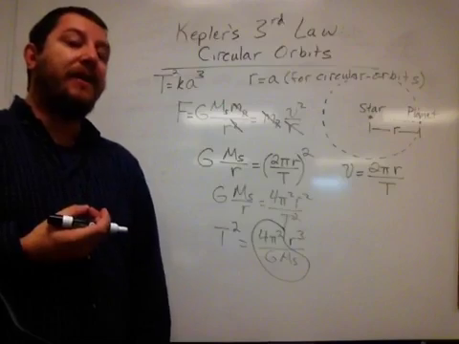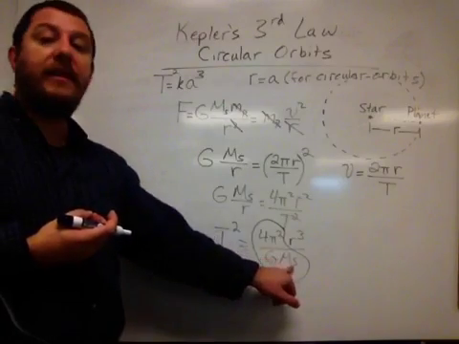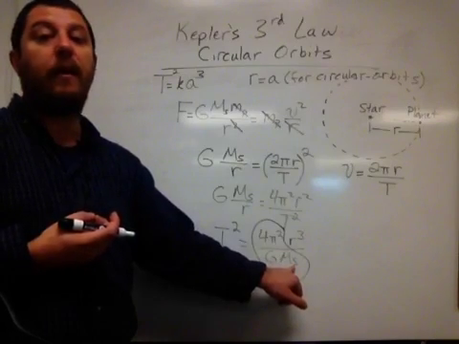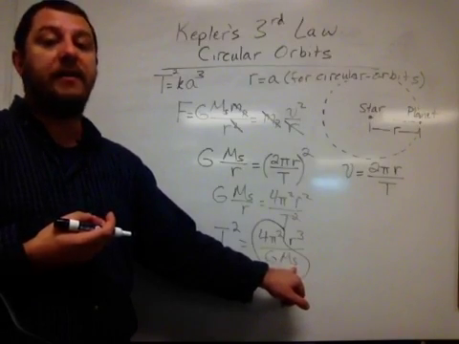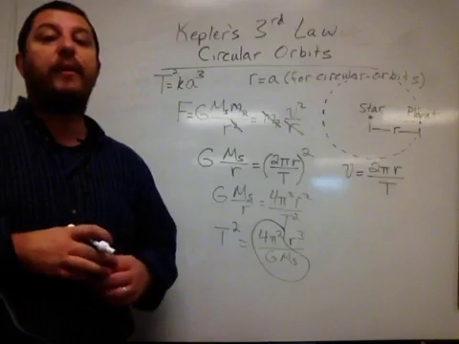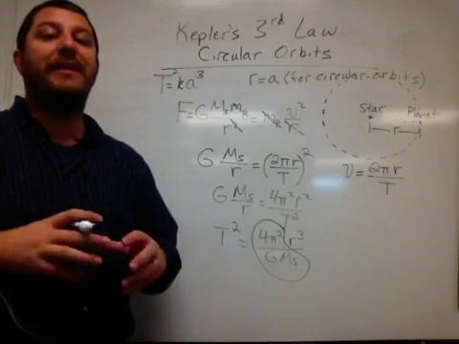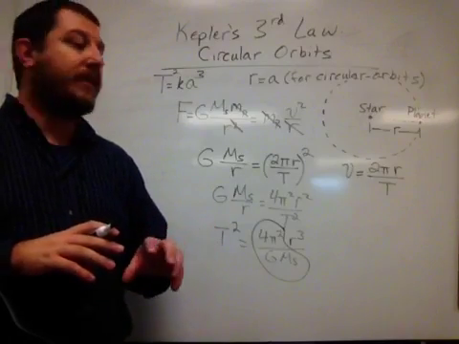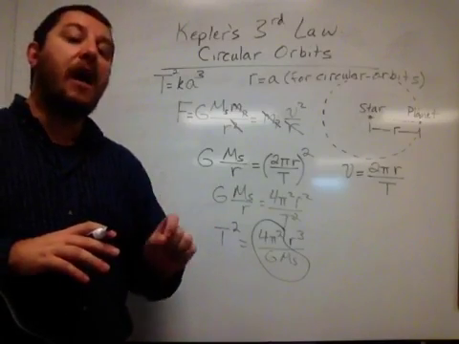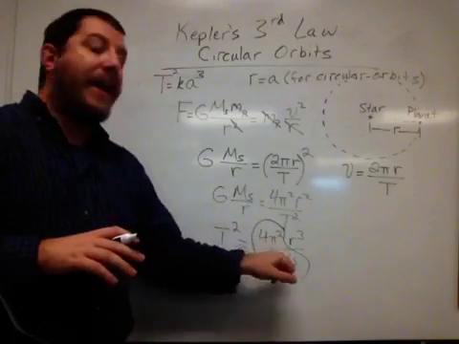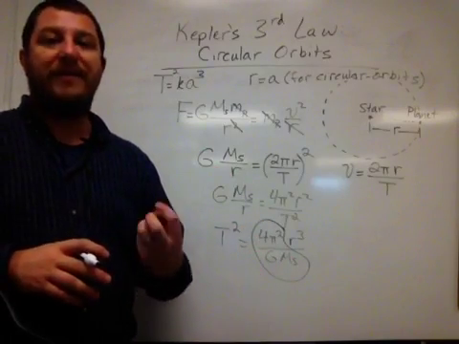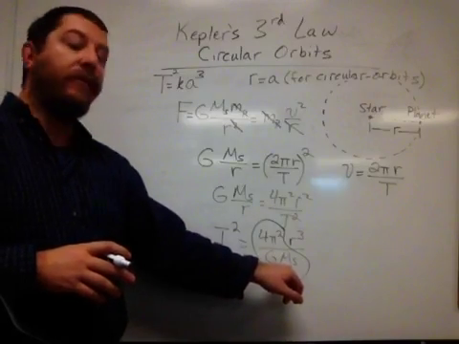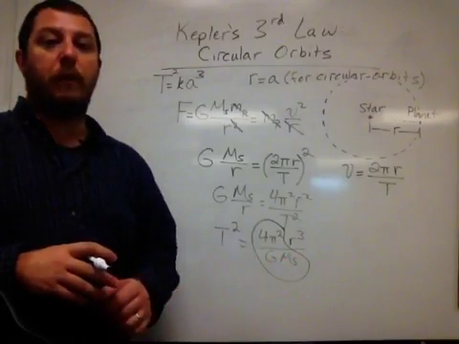A more detailed analysis shows that this mass should actually be the sum of the two masses put together. But the reason that Kepler and Newton didn't see that right away, particularly Kepler, is because the mass of the sun is so much more massive than any of the planets that his third law held very well without that extra term.